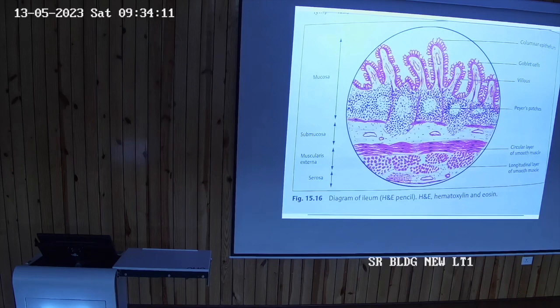In the ileum, the aggregation of lymphatic tissue is so much that it is present in both the lamina propria and the submucosal part. You can also see the interrupted muscularis mucosae. These aggregated masses of lymphatic tissue are called Peyer's patches.